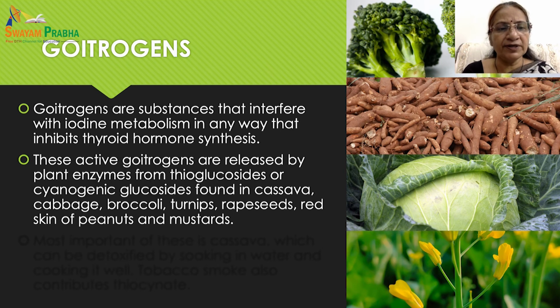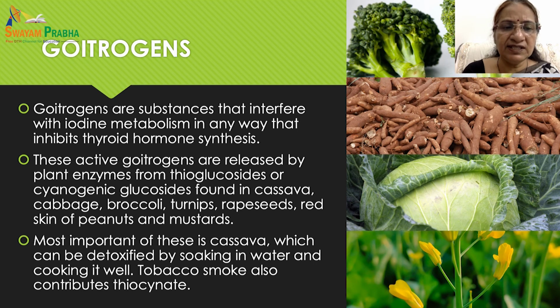These active goitrogens are released by plant enzymes from thioglucosides or cyanogenic glucosides found in cassava, cabbage, broccoli, turnips, rapeseeds, red skin of peanuts, and mustards. Most important of these is cassava, which can be detoxified by soaking in water and cooking it well. Tobacco smoke also contributes thiocyanate.